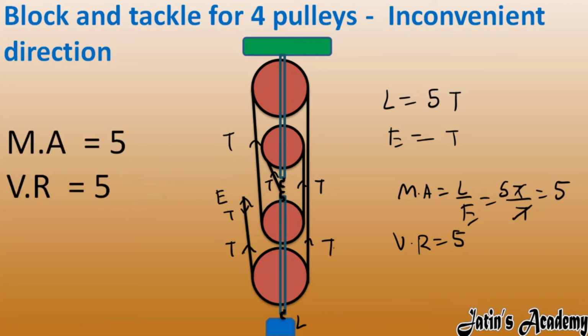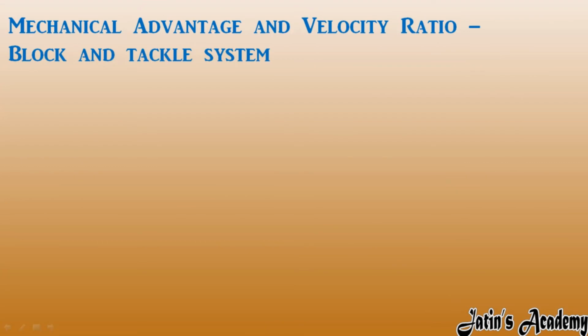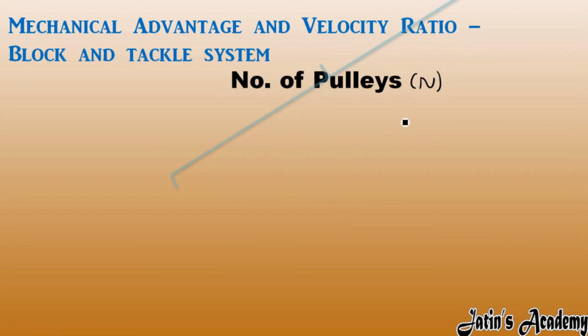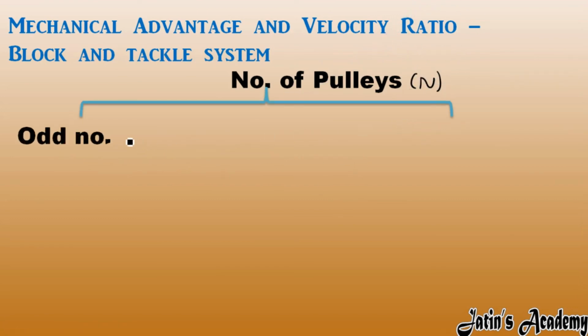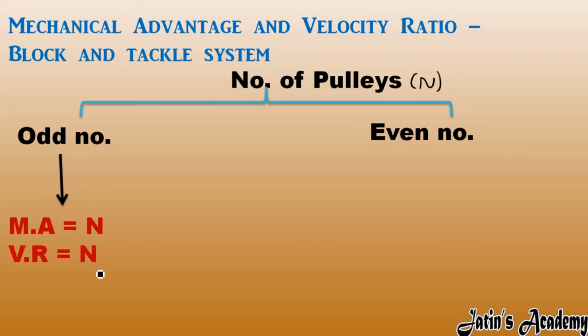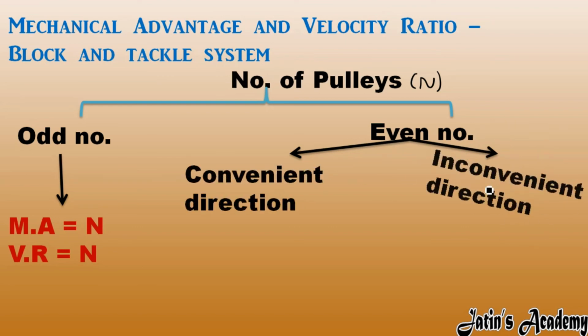Clear? Now let's summarize the things. Here we have the number of pulleys n, and two cases: either the number of pulleys is odd or even. If the number of pulleys is odd, then mechanical advantage and velocity ratio are equal to the number of pulleys. Next, if the number of pulleys is even, then we have two cases: first, convenient direction, and second, inconvenient direction.